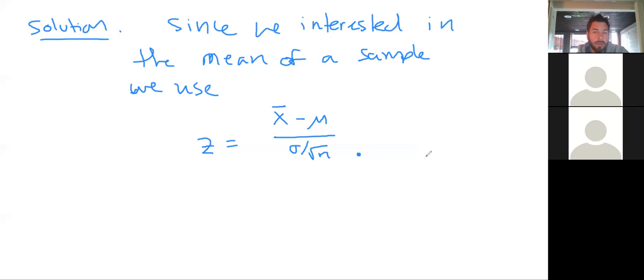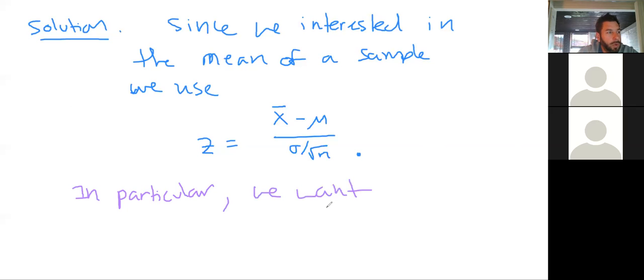Again, the key word in this problem is the word mean. And since I'm looking for information about a sample mean, I want to use this formula. So let's also be specific on what we want to compute. In particular, we want the probability that X is less than $75.